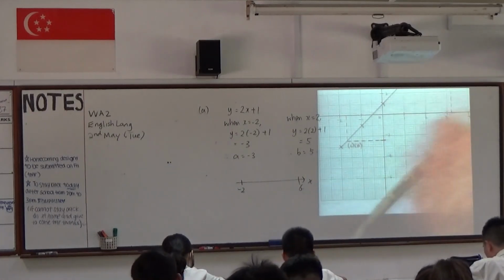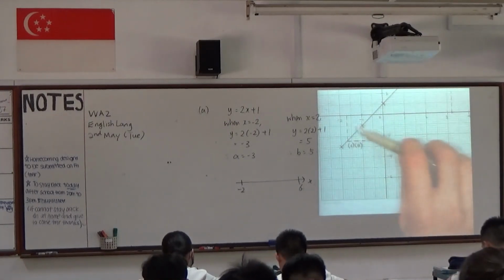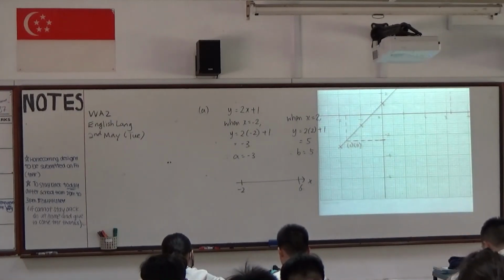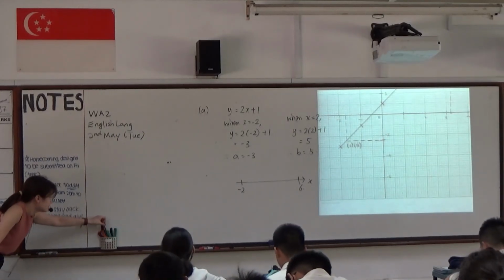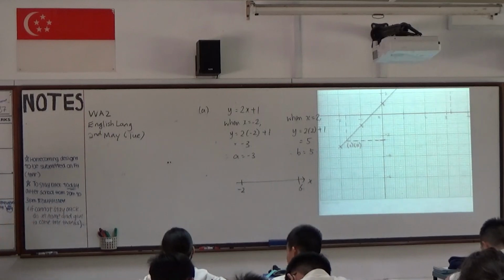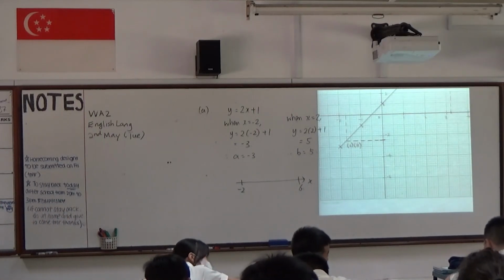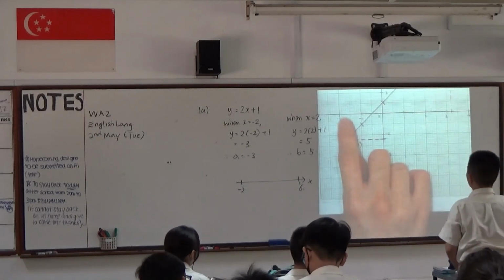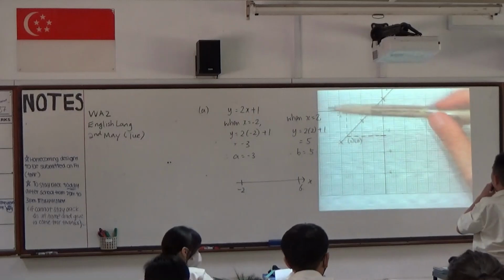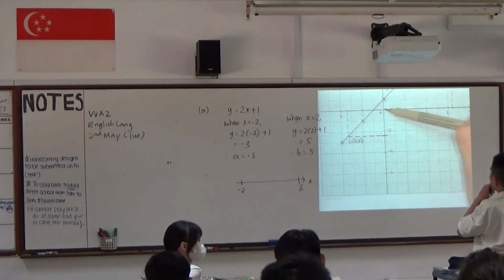For this x value over here, may I know what this number is? 0.1.